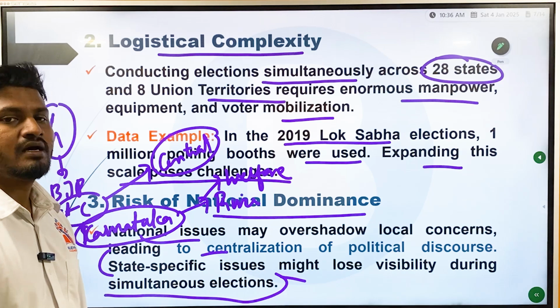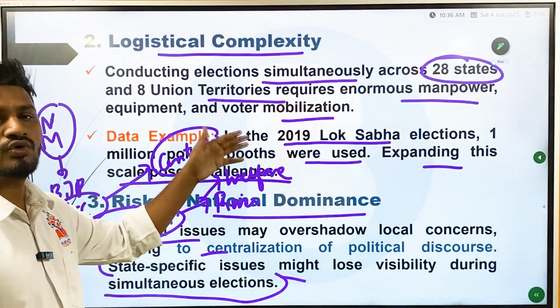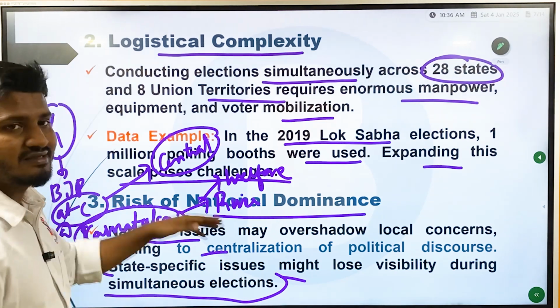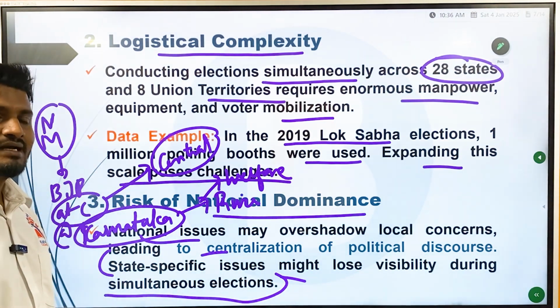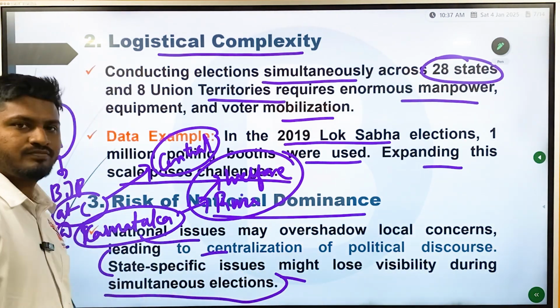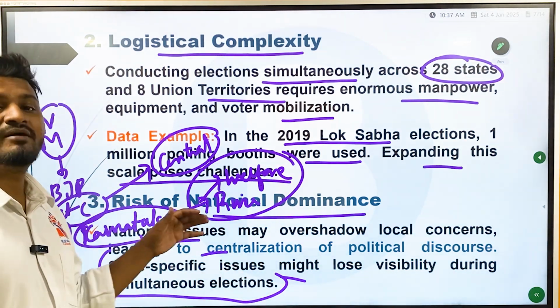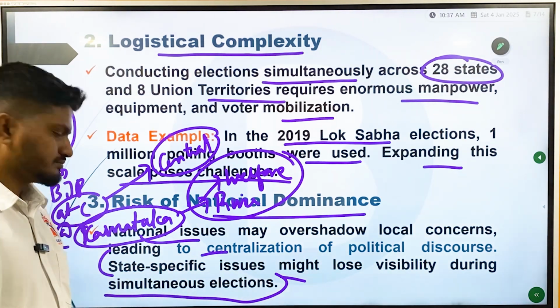So people, regardless of the election to the state or to Lok Sabha, are going to vote in favor of Prime Minister Narendra Modi, which is undermining the issues at the state level. This is why states are vehemently opposing this particular One Nation, One Election.